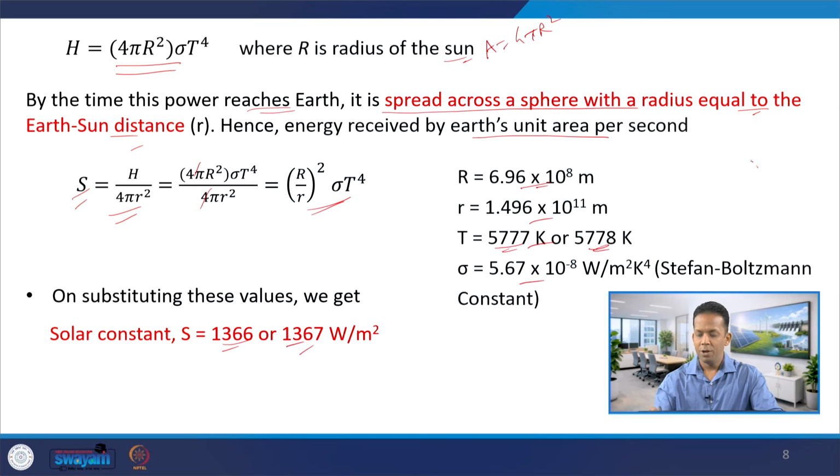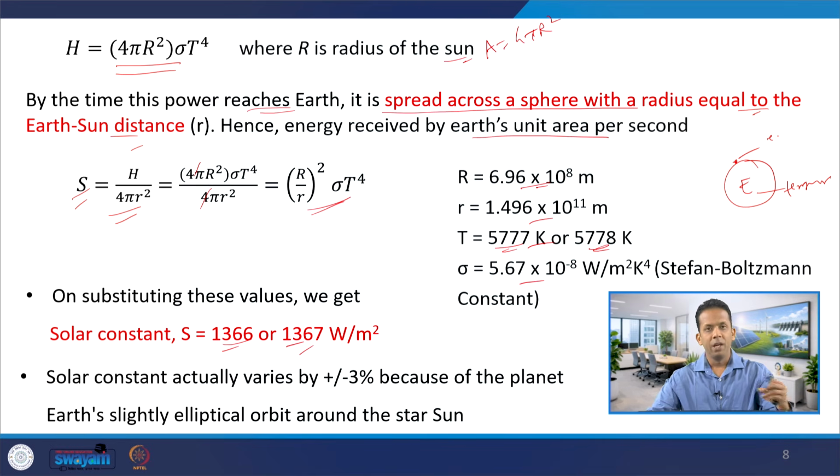So, at a point just outside the Earth's atmosphere, since Earth is called terrestrial, this can be called an extraterrestrial point, or extraterrestrial radiation. The radiation received at this point is called the solar constant. But now, coming back to reality, Earth's orbit is elliptical around the sun and not circular.